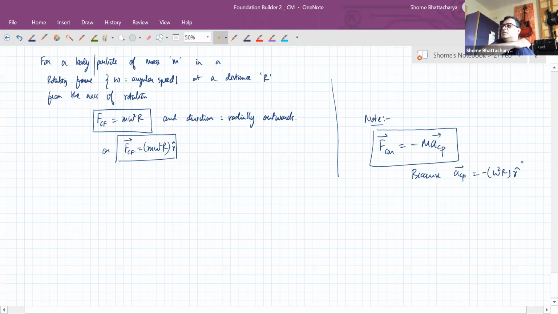This one has a direction which is radially outwards, just like for pseudo force, this is the relation.